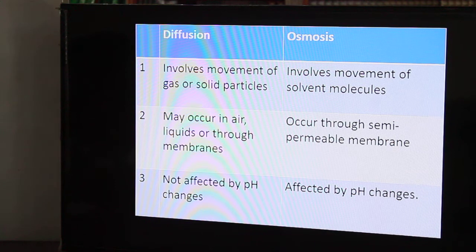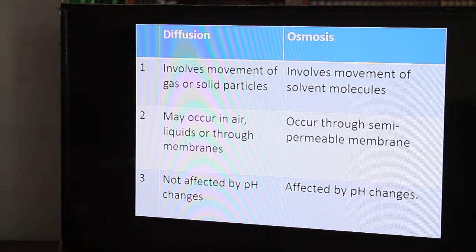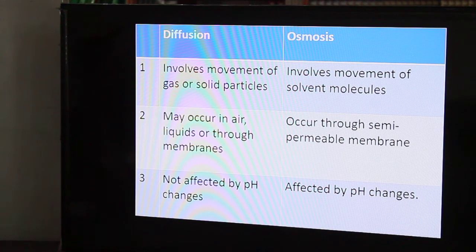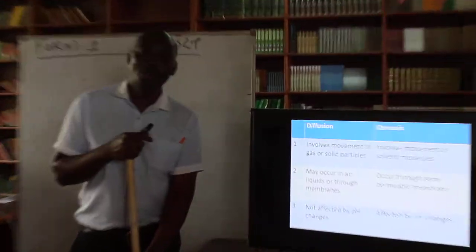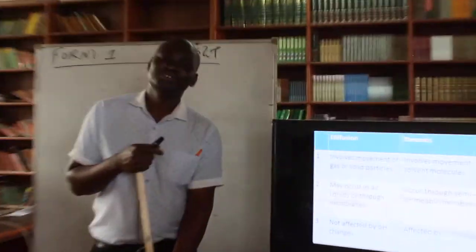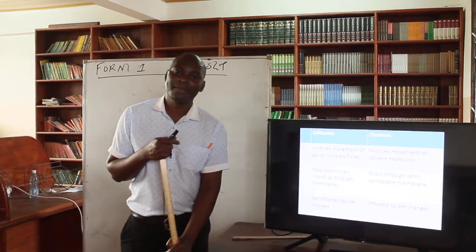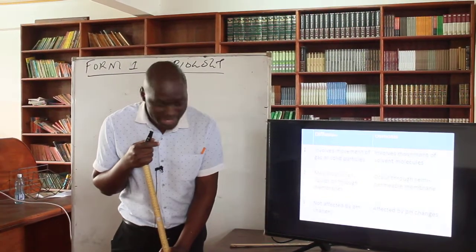But osmosis only involves the movement of solvent molecules. That's why we define osmosis as the movement of water molecules from a region of high water potential to a region of low water potential through a semi-permeable membrane.